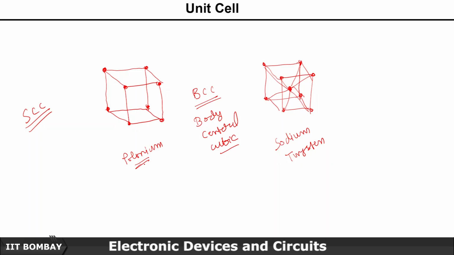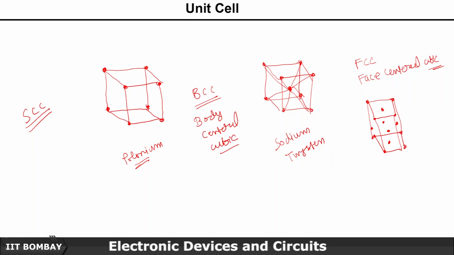Now if I talk about the third one, which is FCC, face centered cubic structure, here it is more or less like this one. The only addition here is the atom on the face, as the name indicates, face centered. Sorry for my bad drawing, but on each face we have one atom, and they all are connected to the corner atoms.